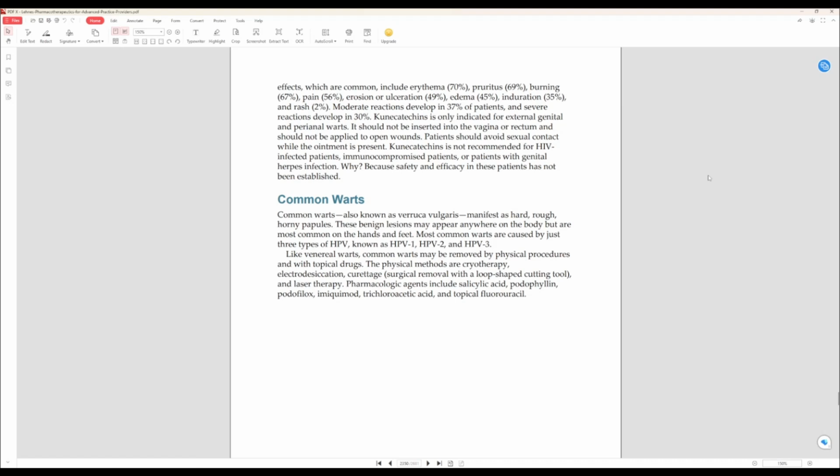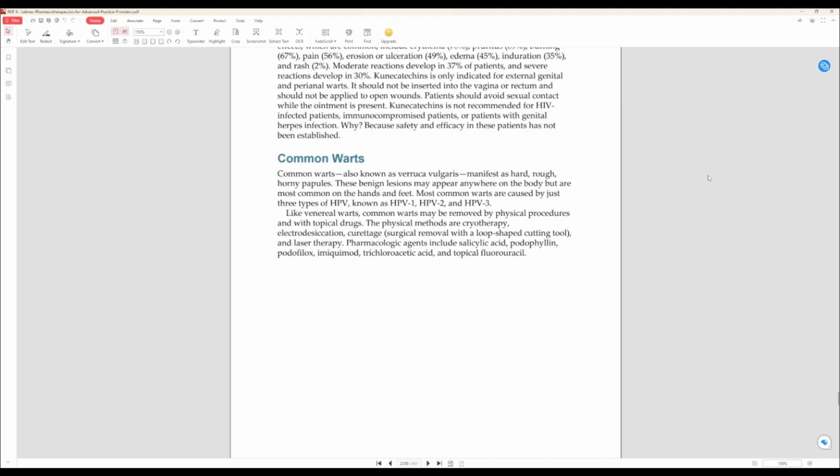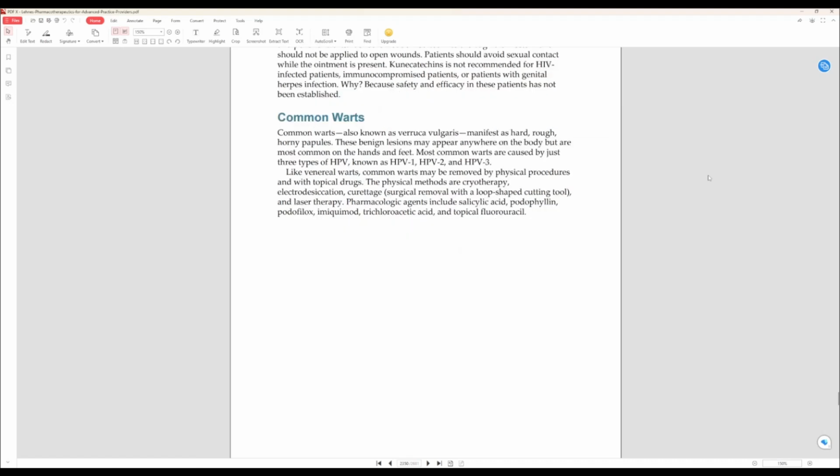Like venereal warts, common warts may be removed by physical procedures and with topical drugs. The physical methods include cryotherapy, electrodessication, curettage, and laser therapy. Pharmacologic agents include salicylic acid, podophyllin, podofilox, imiquimod, trichloroacetic acid, and topical fluorouracil.